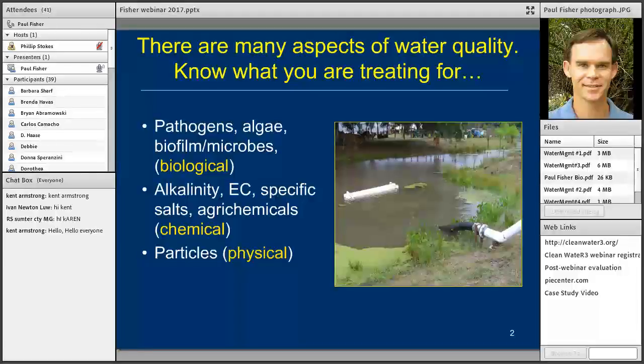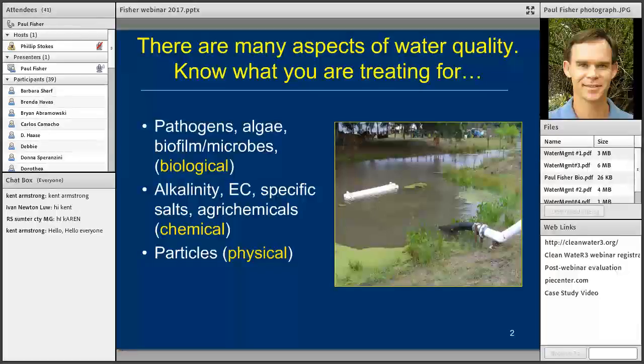You may have a biological water quality issue. It could be plant pathogens, as was discussed in last week's webinar, algae growing on growing media or the surface of your greenhouse or nursery. It could be biofilm or microbes that are clogging up your irrigation lines. Or it could be something chemical. It might be a pH or alkalinity issue. You might have high electrical conductivity or EC, often from sodium or chloride.